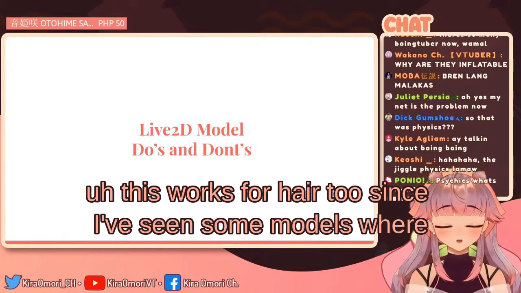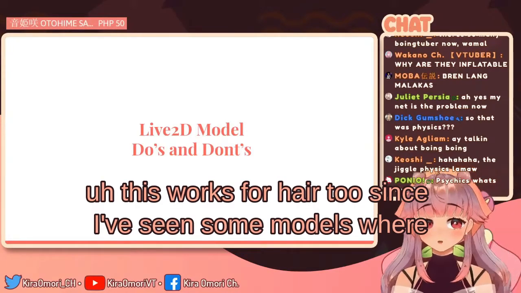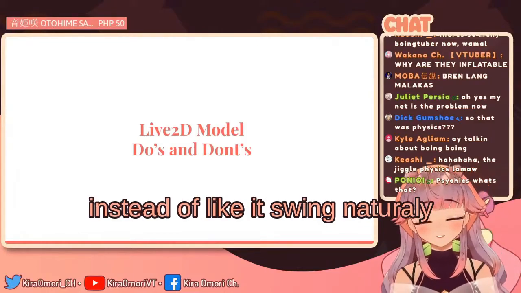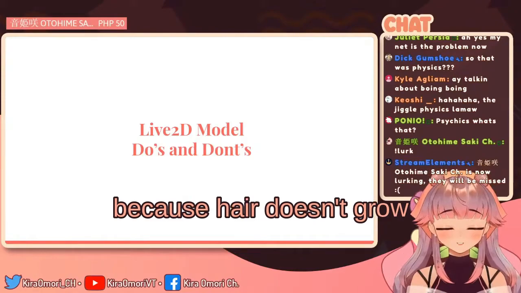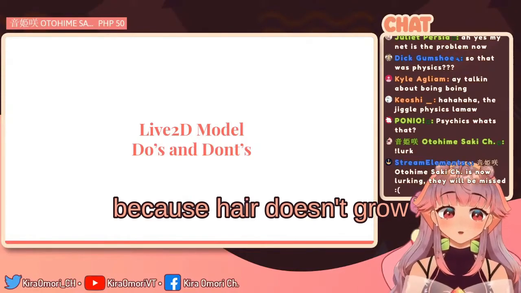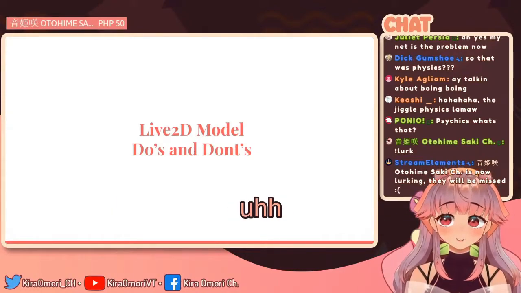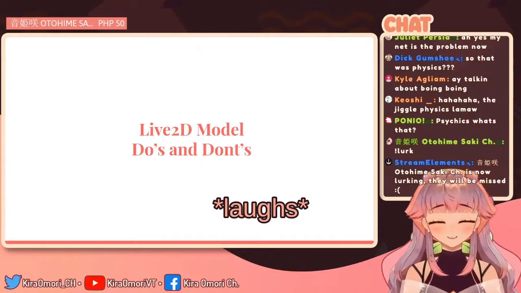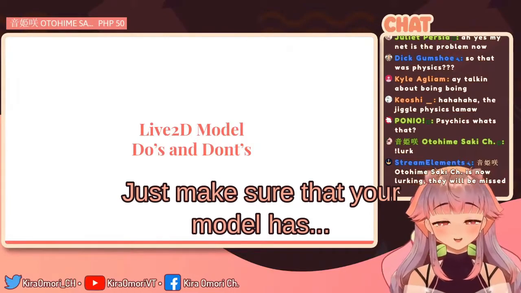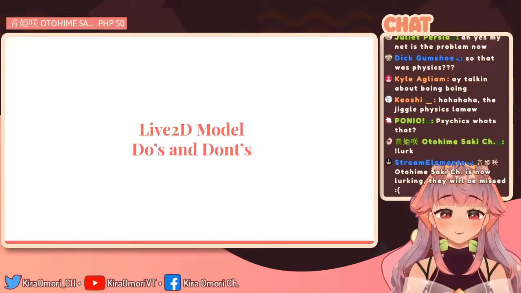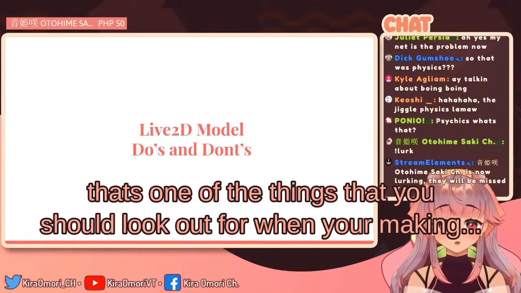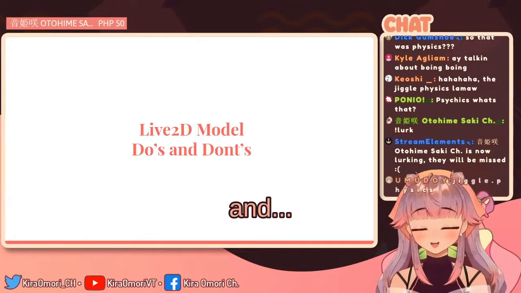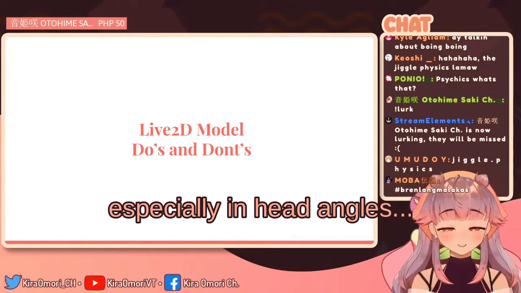This works for hair too, since I've seen some models where, instead of the hair swaying naturally, it goes short and long, because hair doesn't grow and ungrow in real life. Just make sure that your model has consistent and natural movements. That's one of the things that you should look out for when you're making a model, and especially in head angles.